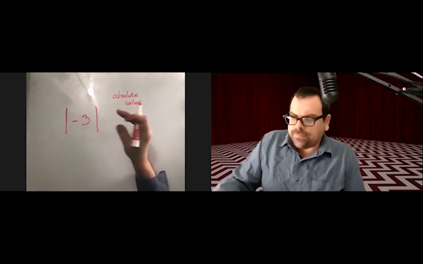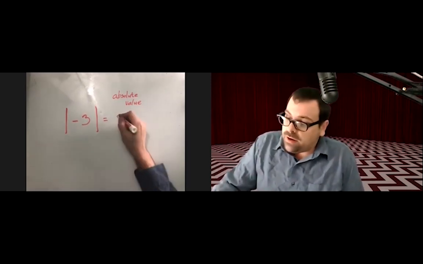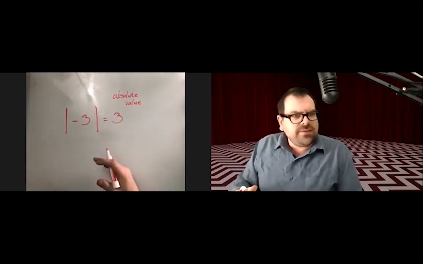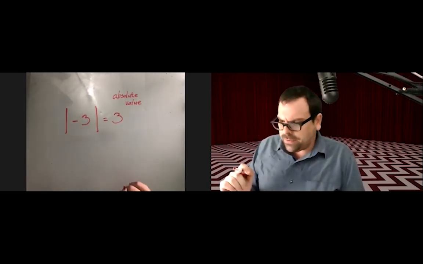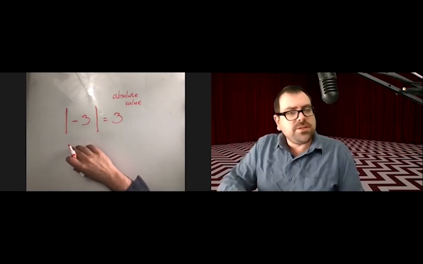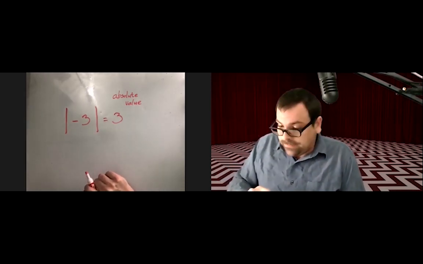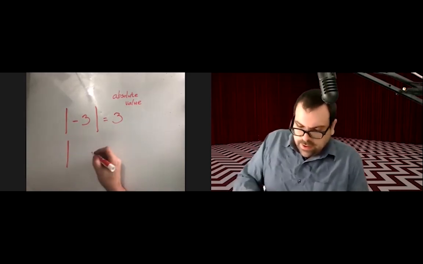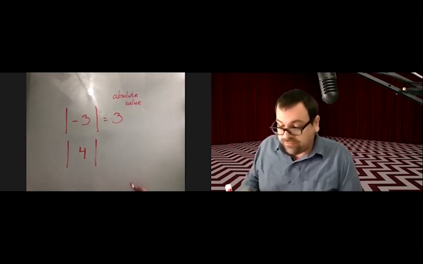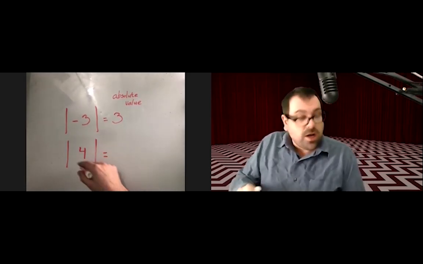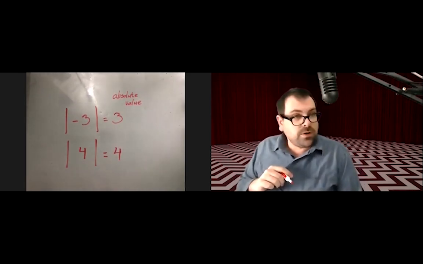And in short, taking the absolute value of a number gives us the positive version of the number. So the absolute value of negative 3 would equal 3. The absolute value of positive 4 would be the positive version of what's inside, positive 4.